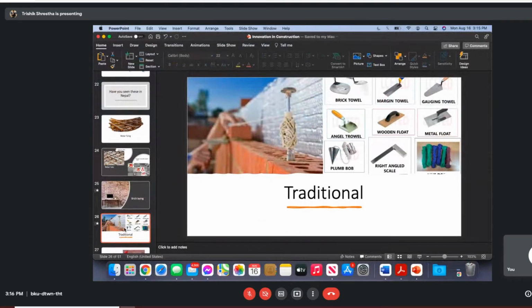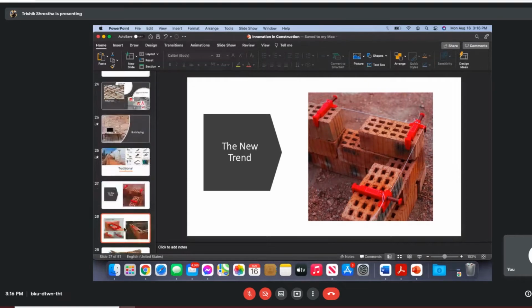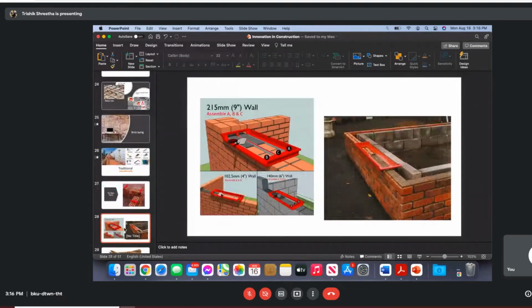Now, there's nothing wrong with these tools being used, and to some extent, we will continue to use these tools along the line as well. But then there's this new trend in bricklaying that we have yet to incorporate. I have never seen these tools being used here. I've seen this particular tool being used once, and that's it.